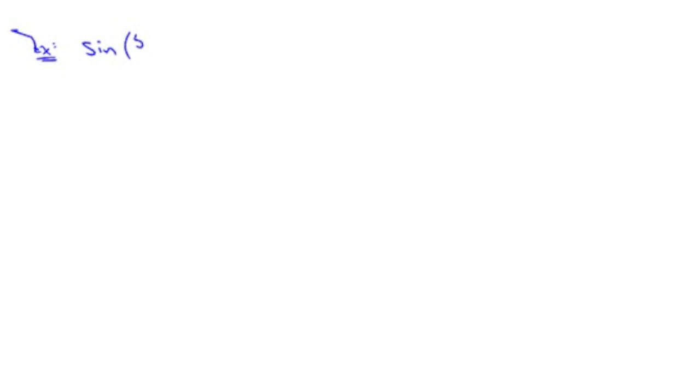Sine of 5 pi over 12. Now this is a test question. I love asking it because it takes you away from degrees and you have to think in terms of radians. The directions will be: use a sum or difference formula to figure out this thing exactly.